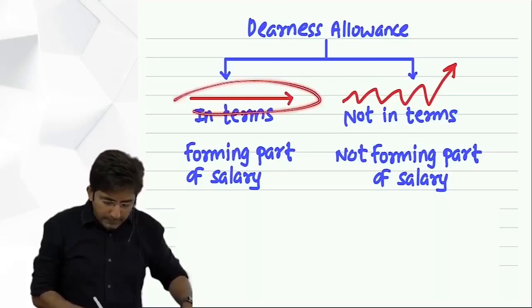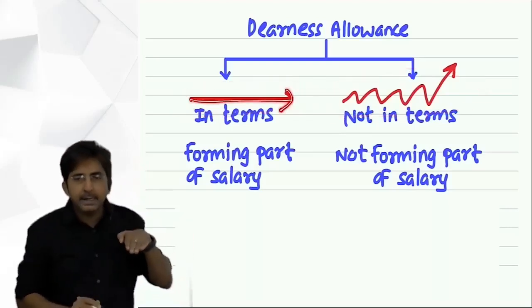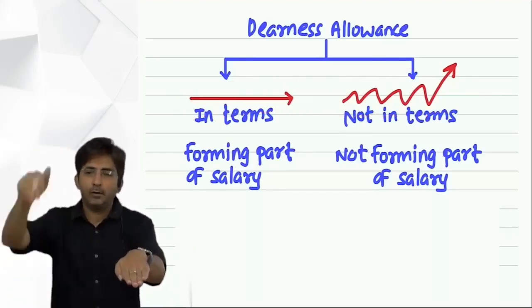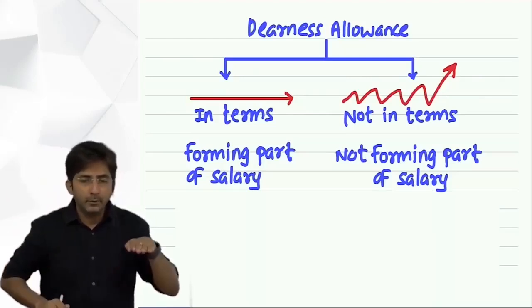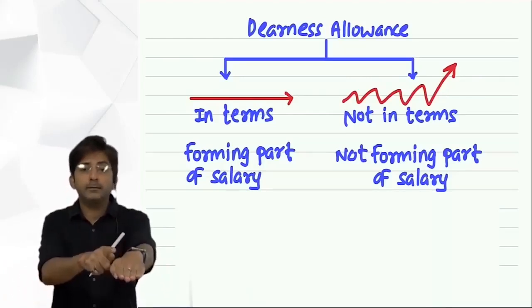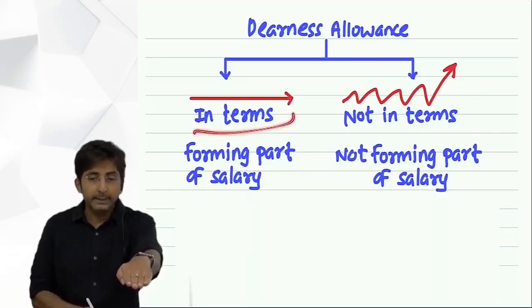So I hope you understand why this drawing. This flat arrow means here dearness allowance will remain constant. Whether there is inflation or deflation, irrespective of the market scenario, your DA will remain constant. Yes, if it wants to increase, it will increase as per the terms. That is why we say it is in terms.